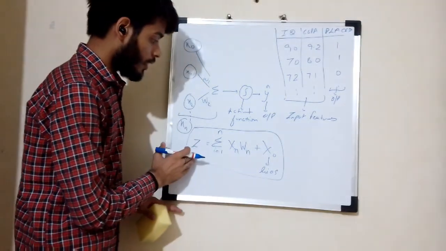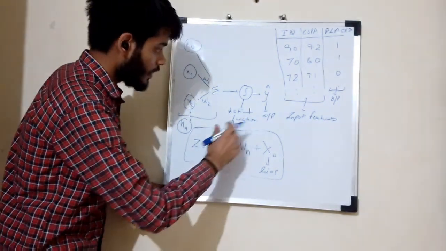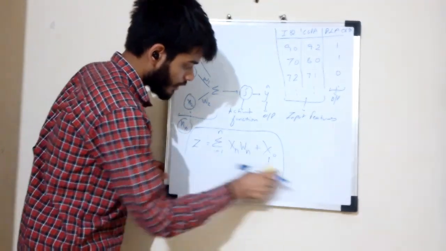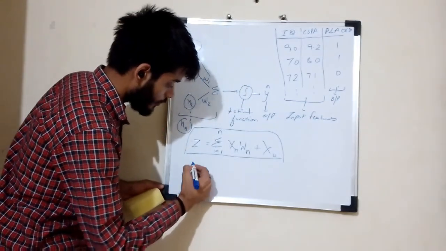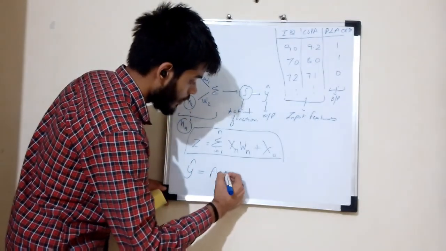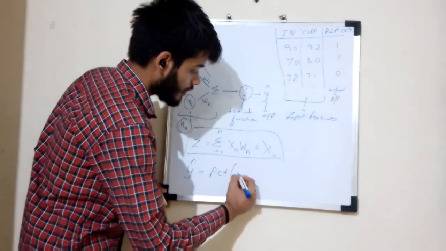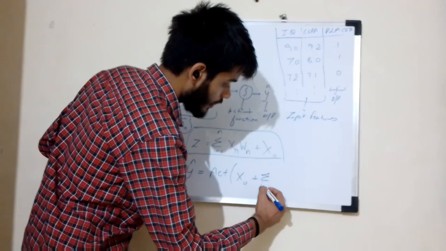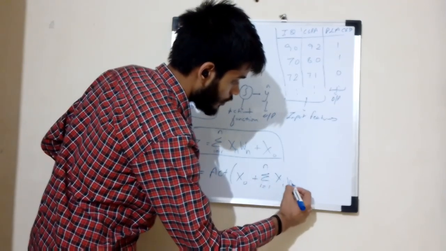After calculating this, I have to pass it to my activation function, and that will give my output. So I can write it like this: my y hat, which is my output, is equal to the activation function with z passed inside it, where z is x0, which is my bias, plus summation of i equals 1 to n of x of i into w of i.